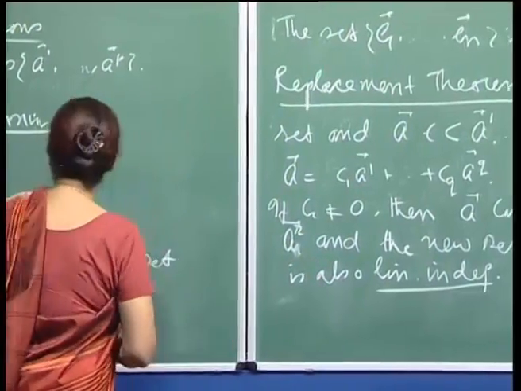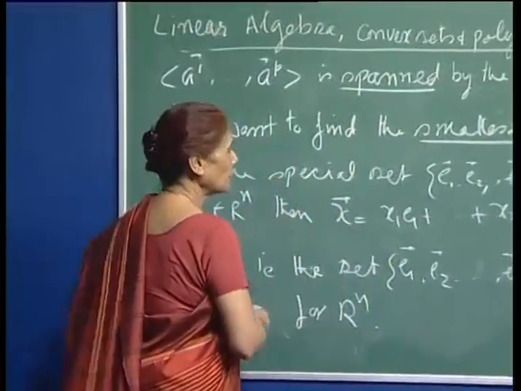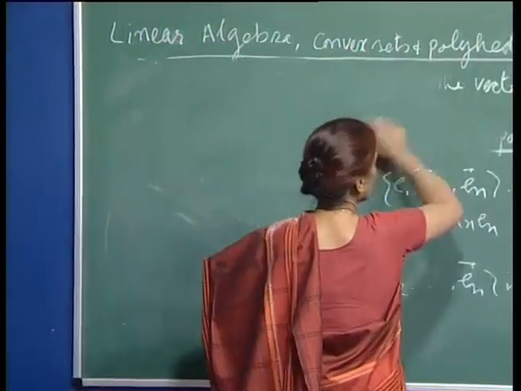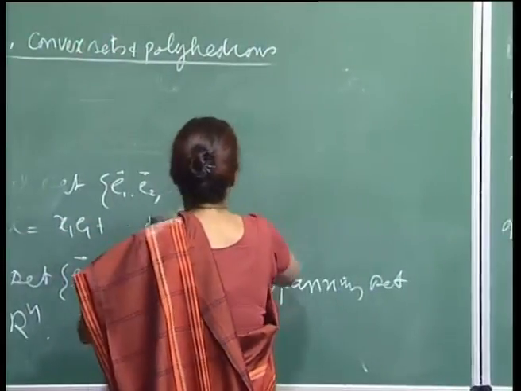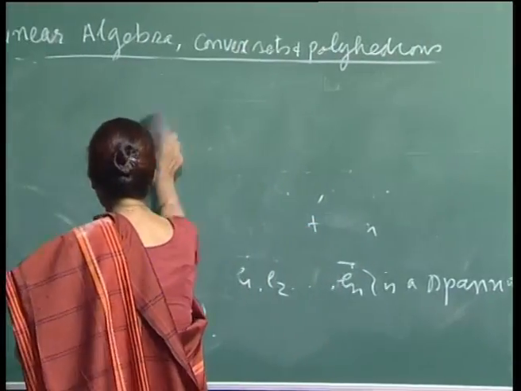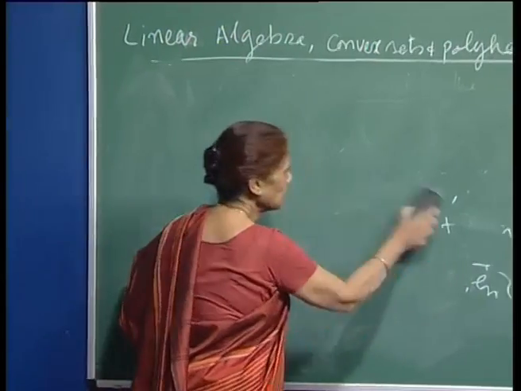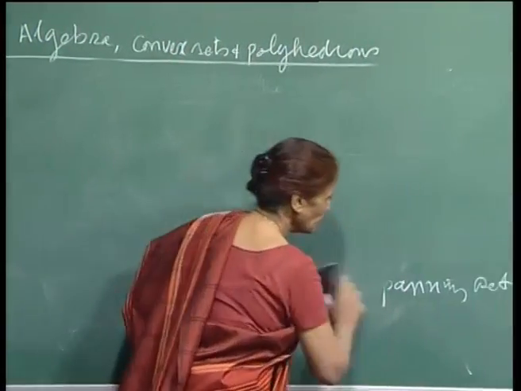So, this is it. Now, using this idea, what we can say is that if there are two spanning sets. I just told you that we have a spanning set for Rn and it is also linearly independent. Now, what we want to say is that this is a precise representation for Rn.